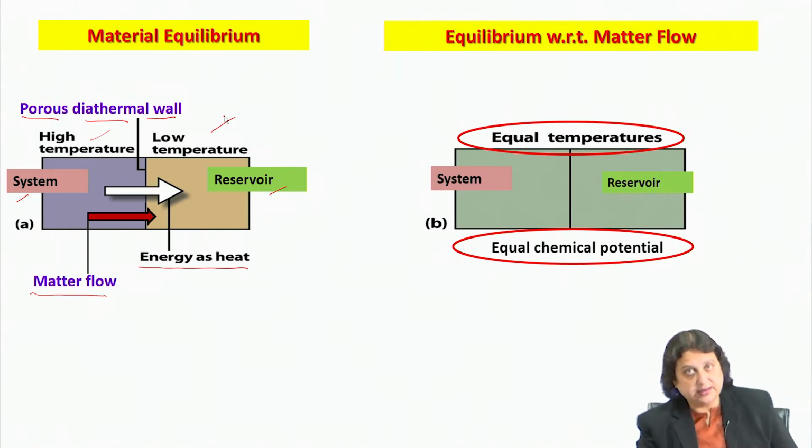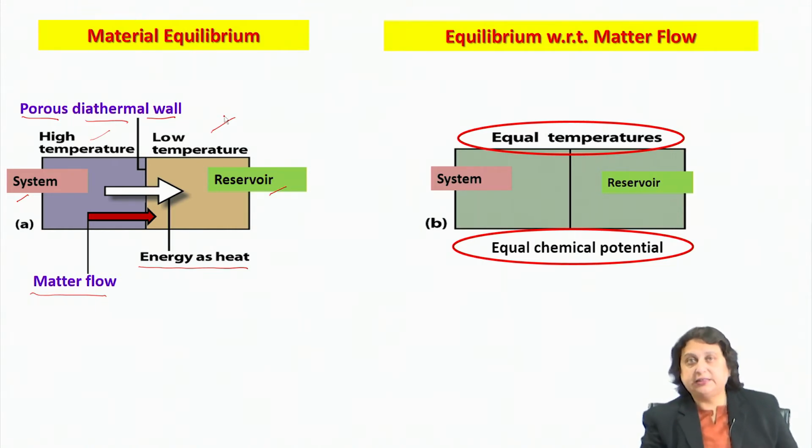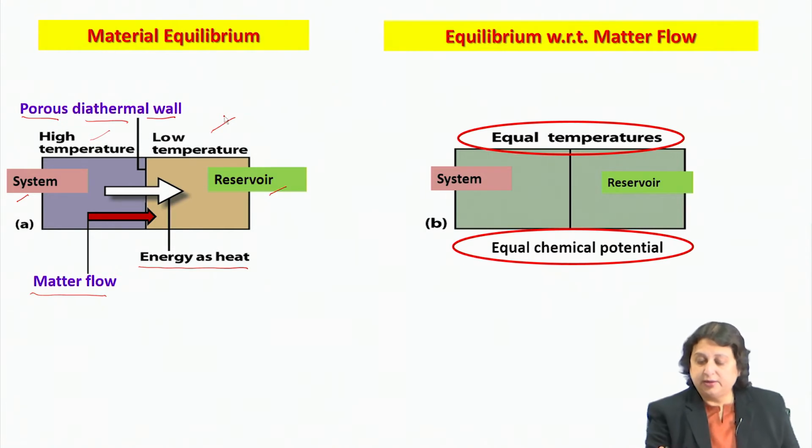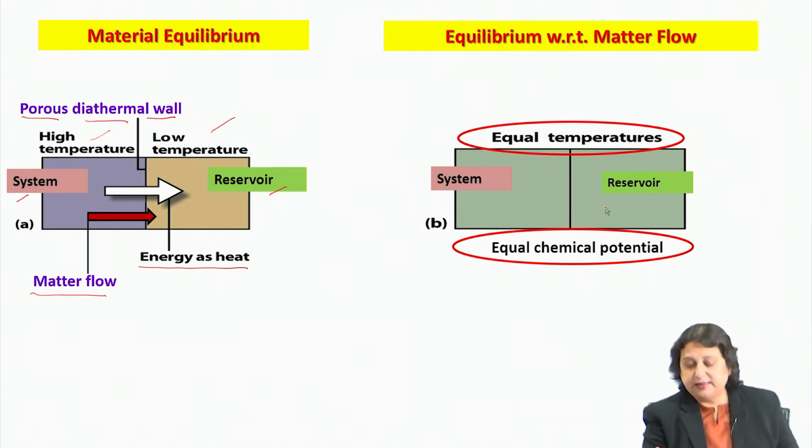And as a result, if you make measurements at the wall, you will find that there is no net flow of matter across the wall, and both the system and the reservoir now have equal temperatures.